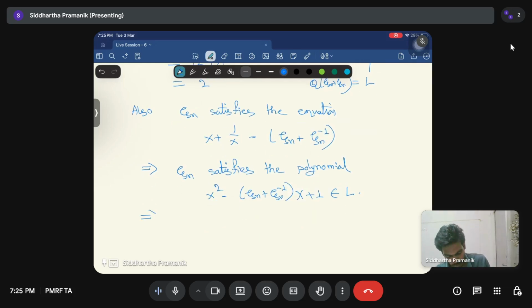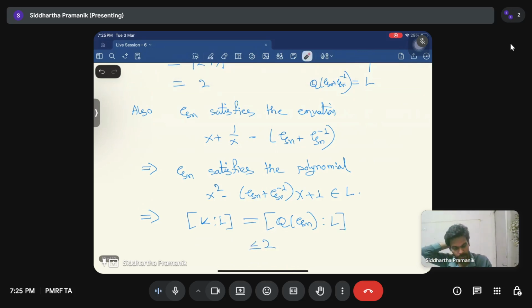So this implies this degree, which is the same as the degree of Q adjoin zeta n over L, must be less than or equal to 2, because the degree of this element is less than or equal to 2.